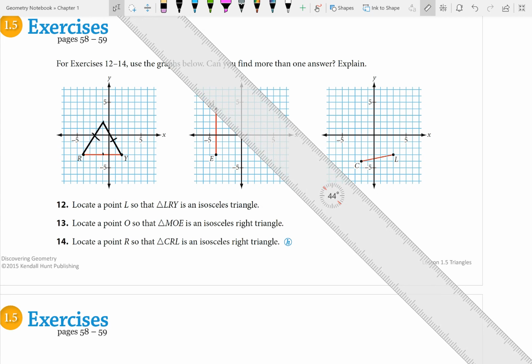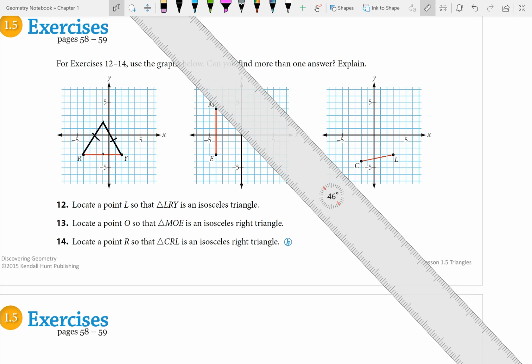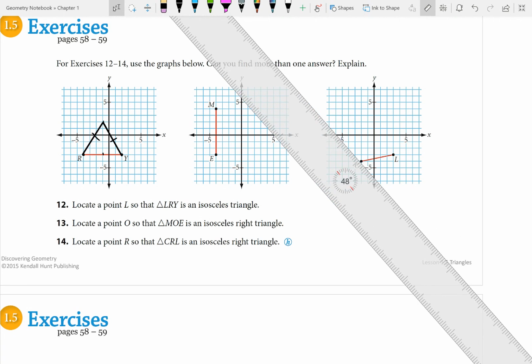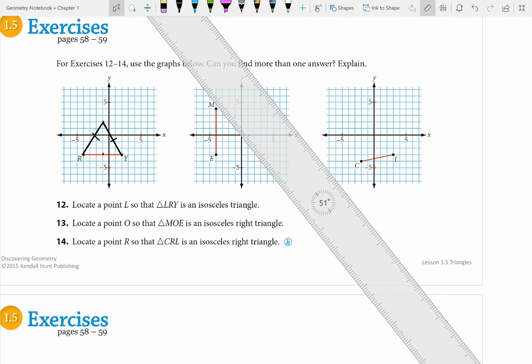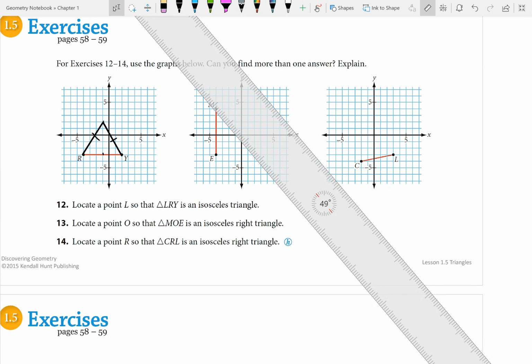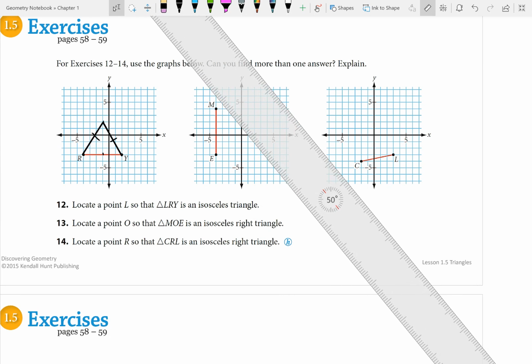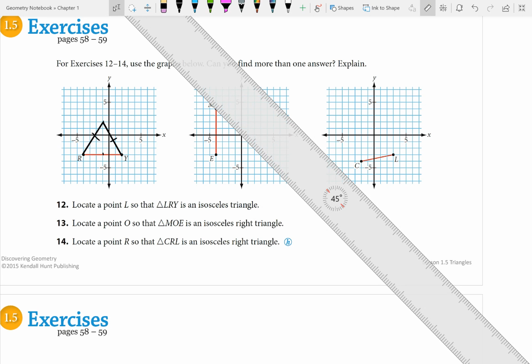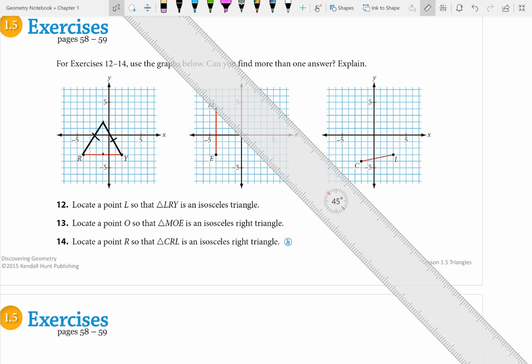It'll actually turn out that it'll be 45 degrees off here. Now, if we're not quite sure where to put it, so it's a right angle, what you could do is with your protractor, measure off 45 degrees from this point.